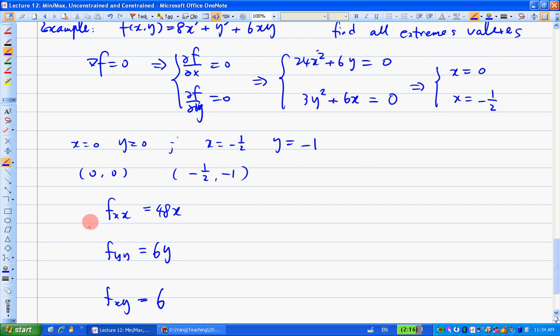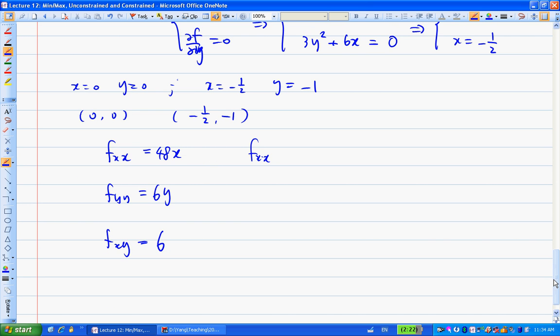So now we got all of these. We need to calculate the values of these quantities at each one of these critical points. So let's separate the situation. I'm going to use the left for 0, 0, and the right is for negative 1/2, negative 1.